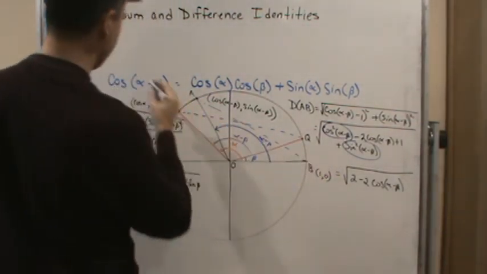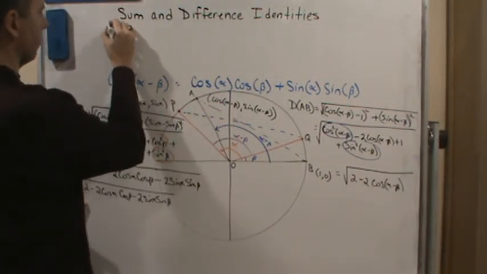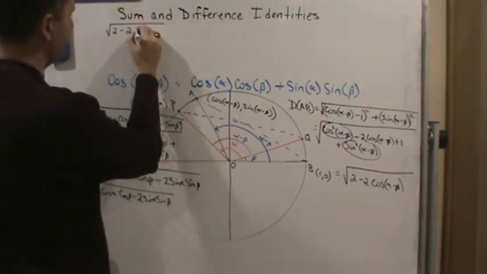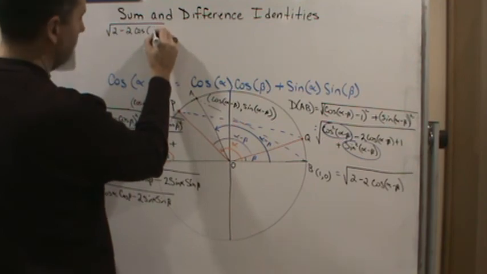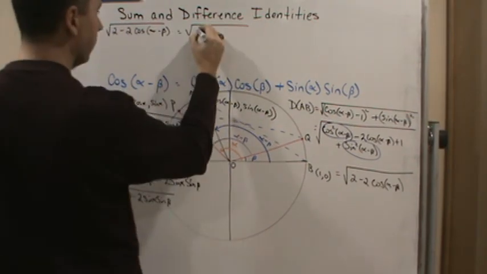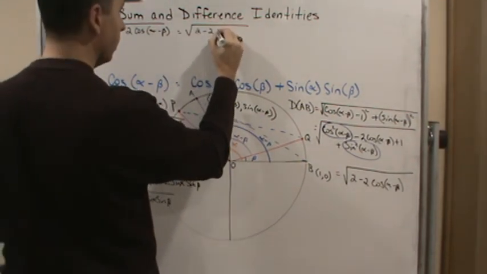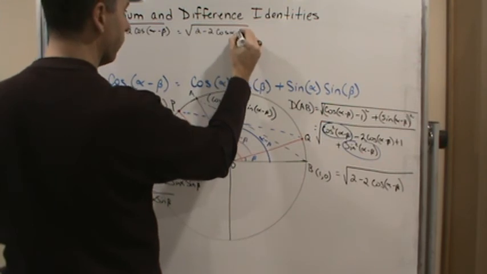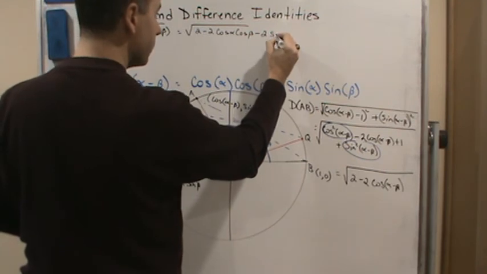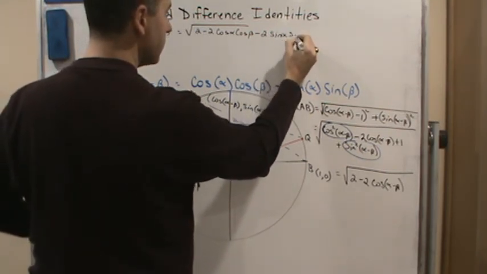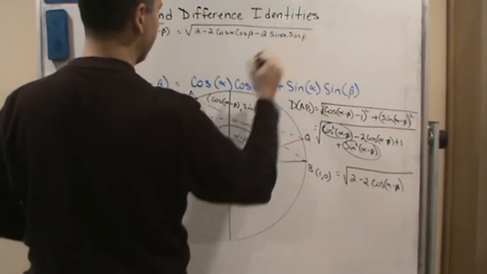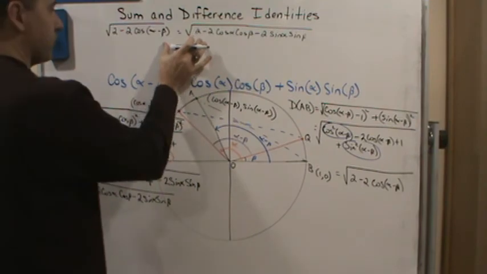So we get the square root of 2 minus 2 cosine alpha minus beta is equal to the square root of 2 minus 2 cosine alpha cosine beta minus 2 sine alpha sine beta.